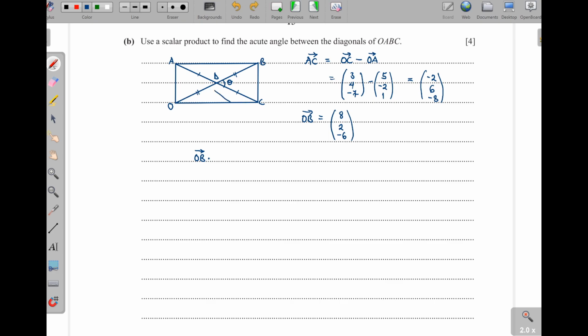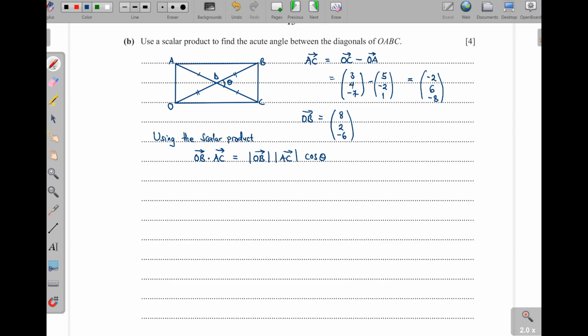So I'm opening it up. Then this one will be equal to the modulus of OB, and then the modulus of SC, then cosine of the angle that is in between them. So by doing that, we are using the scalar product.